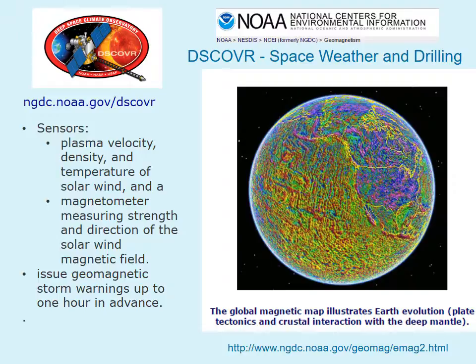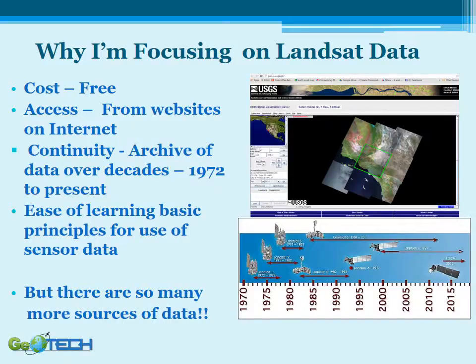And it's being used by industry now to guide subsurface drilling. And it also can allow us to know if there's going to be a geomagnetic storm. So we'll get warnings of bad space weather that can really affect our electronic grid.